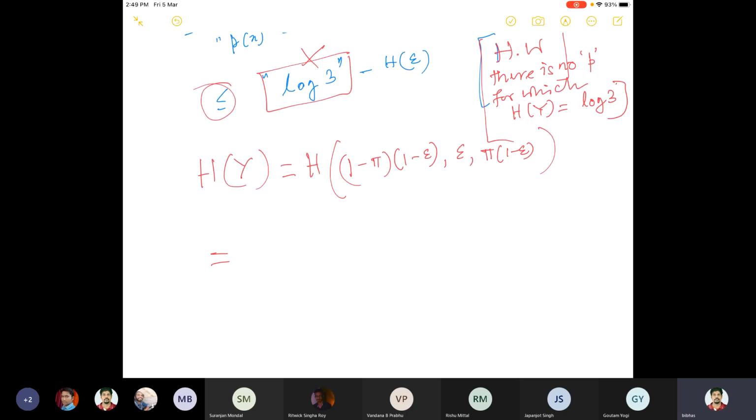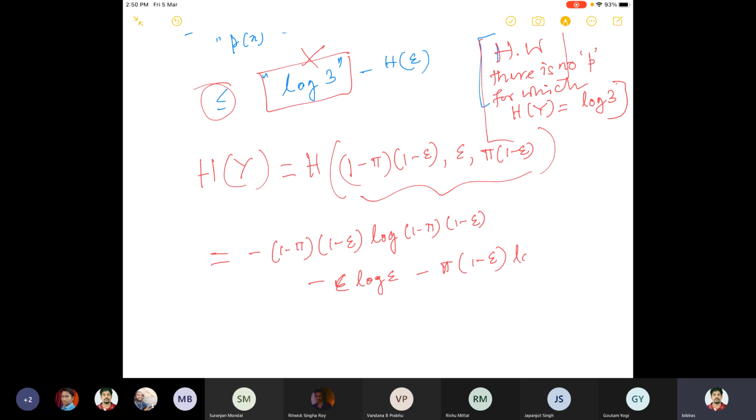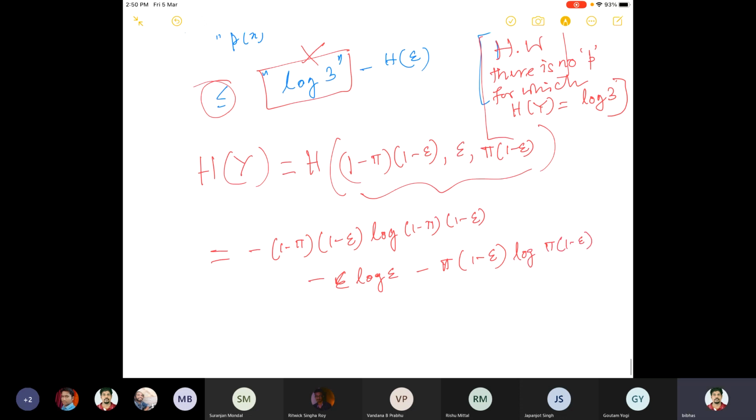Now, what is the formula here? Entropy of these 3 points. I mean, this is the probability vector here. So this will be minus (1 minus pi) times (1 minus epsilon) times log of (1 minus pi)(1 minus epsilon), then minus epsilon log of epsilon, then minus pi (1 minus epsilon) times log of pi (1 minus epsilon), right?